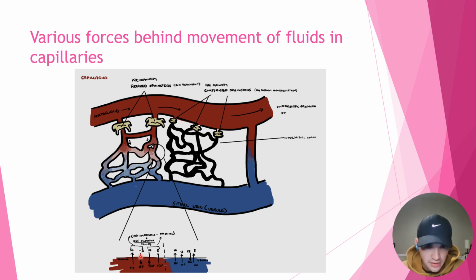I abbreviated it down here: HP, hydrostatic pressure, and then IFP, BCOP, and ICOP, in that order. So HP goes out, IFP and BCOP go in, ICOP goes out. What goes out usually contributes to net hydrostatic pressure. What goes in usually contributes to net osmotic pressure.